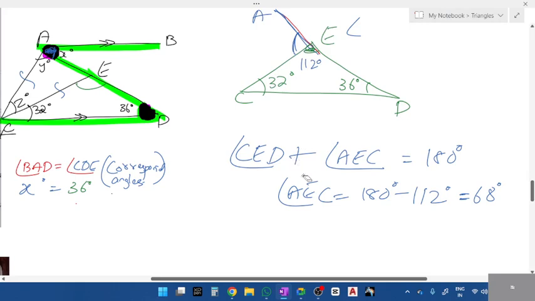So don't write this; draw a separate diagram. Draw the diagram and you'll understand. So for this diagram, this is the answer: 68 degrees.